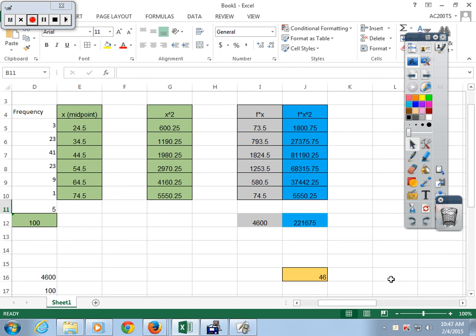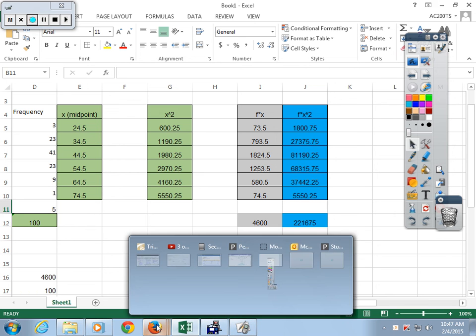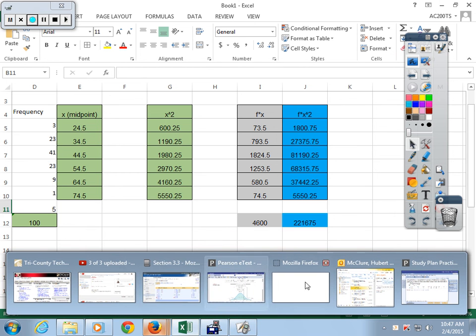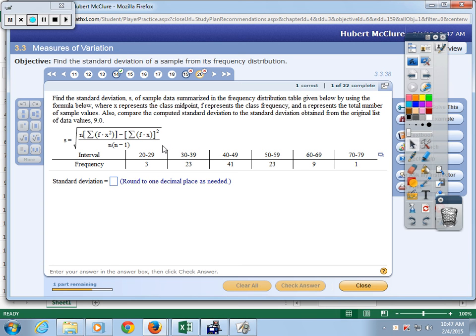So, standard deviation. I'm on the board, it's up here. Hold on, I can't write it because of the computer. There it is.